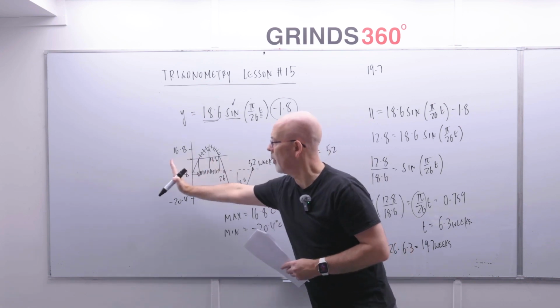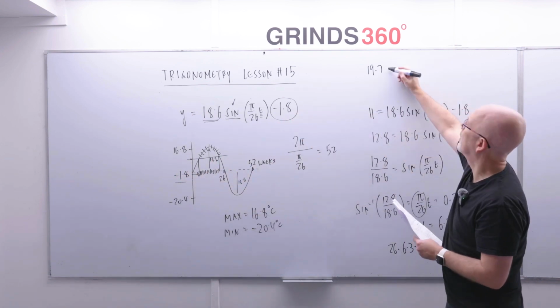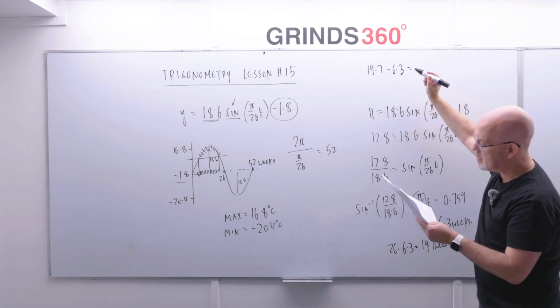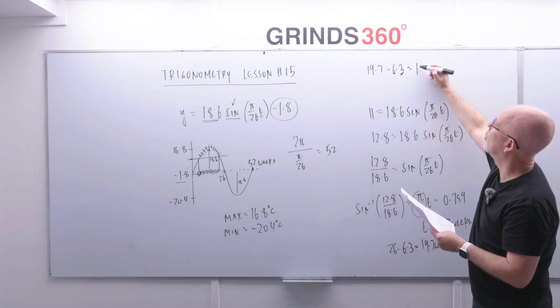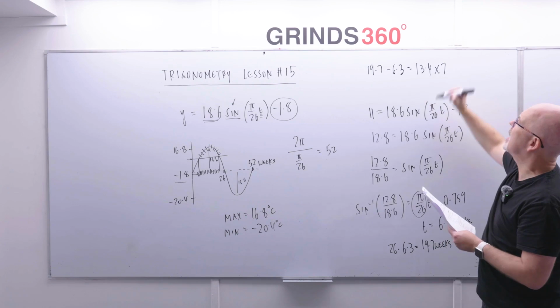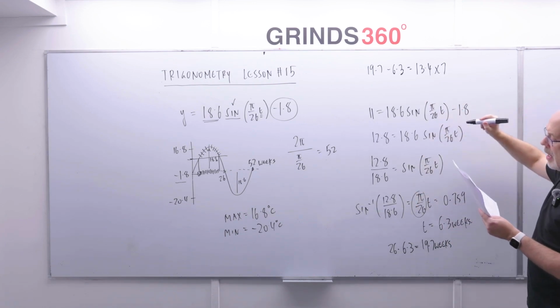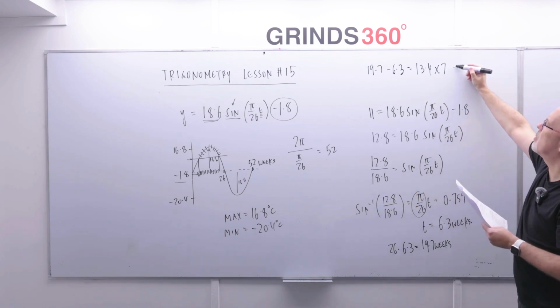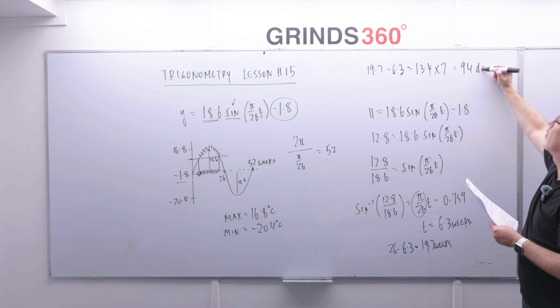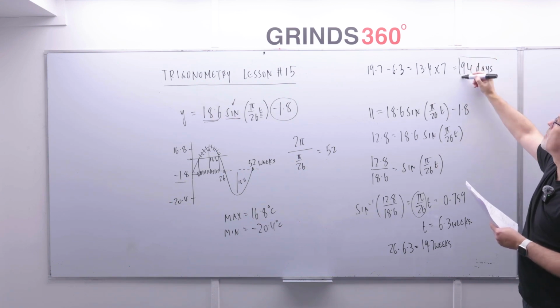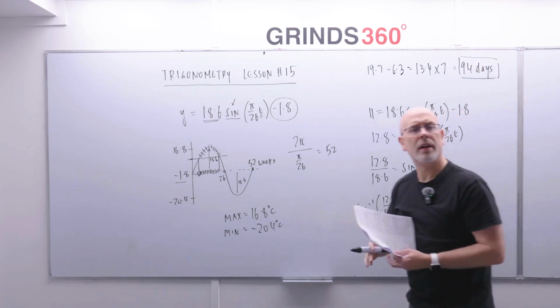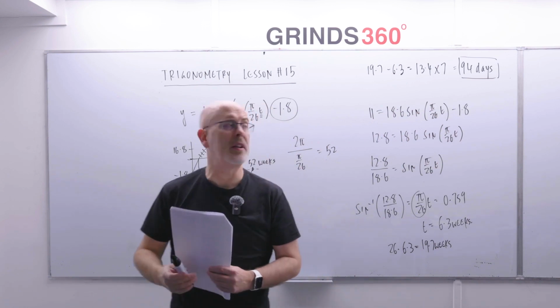And that comes out at about 13.4. And then it wants the answer in days, so I'll multiply that by 7. To the nearest, that's like 93.8. So to the nearest day, that's 94 days. So over the course of the year, it'll be above 11 degrees Celsius for about 94 days.